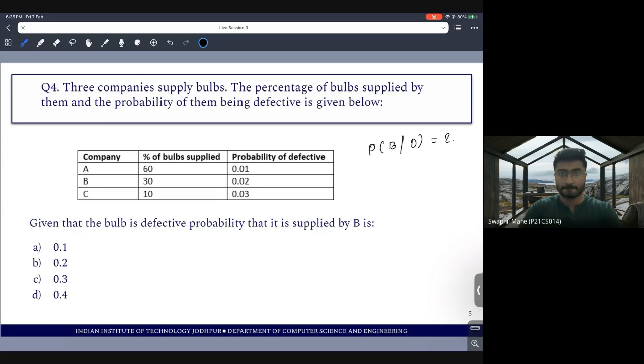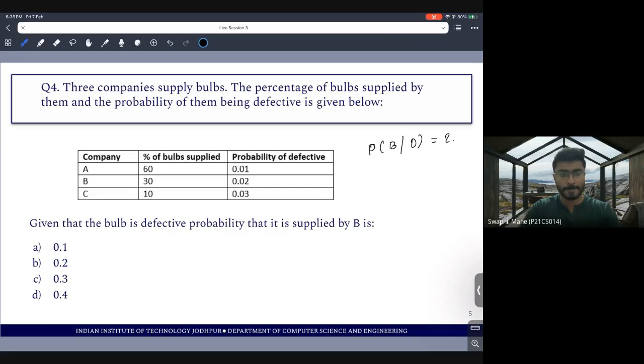Let's see if it is correct or not. Is anyone other than Wongdik got an answer for this question? Anushka is saying point two.